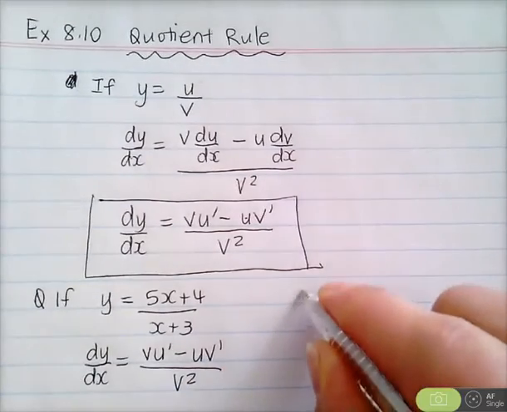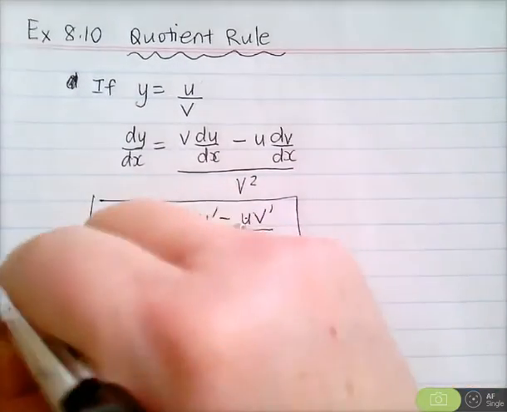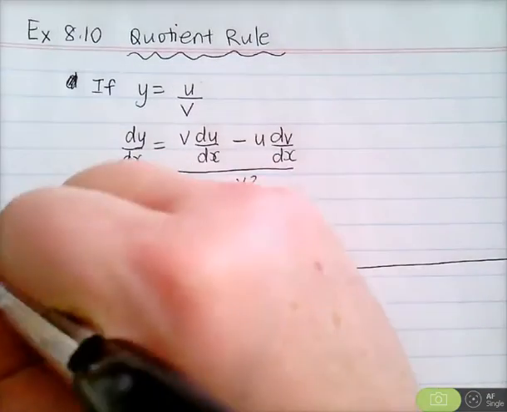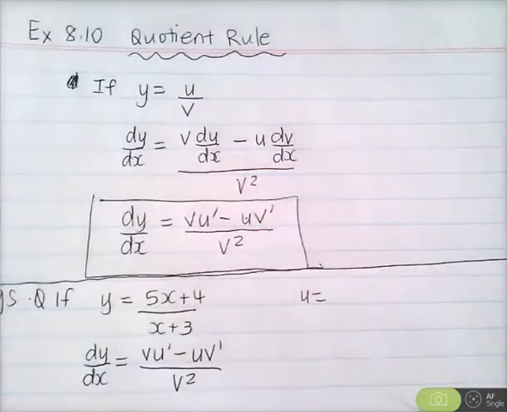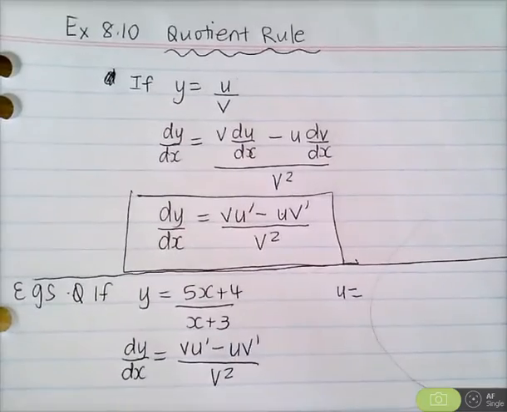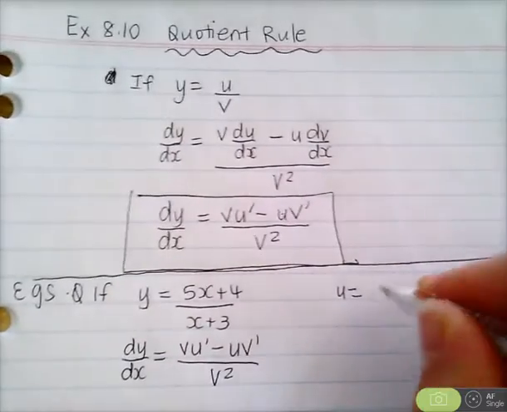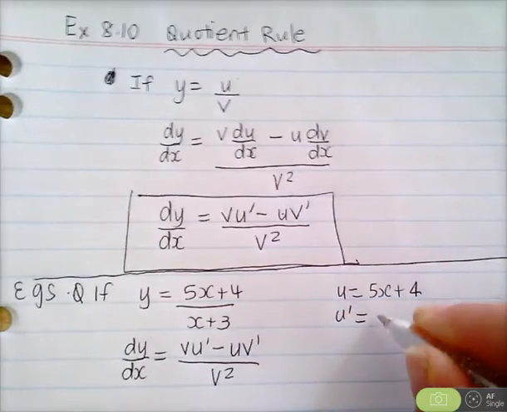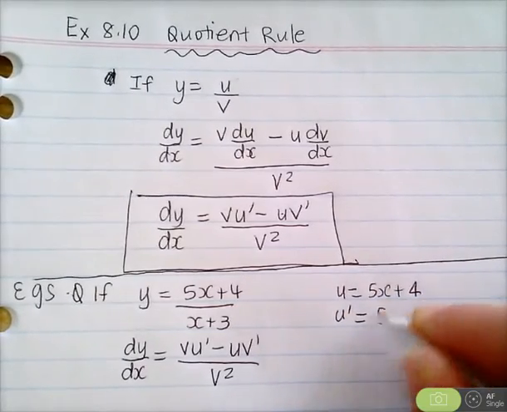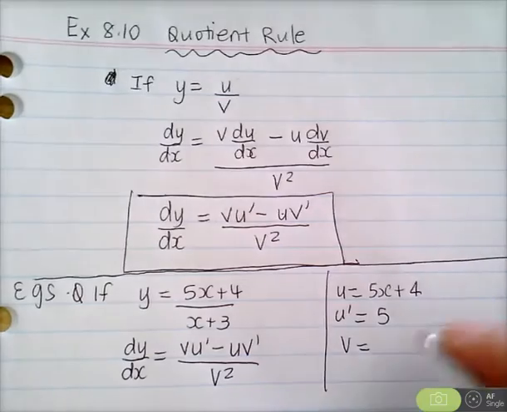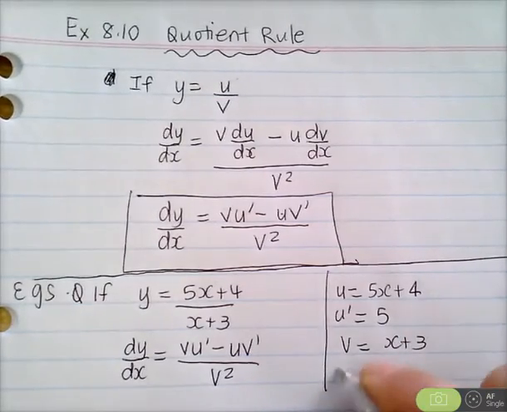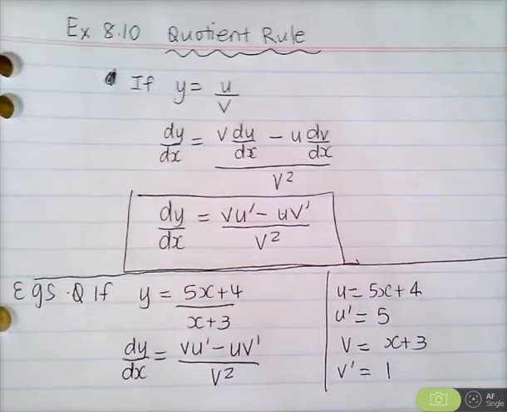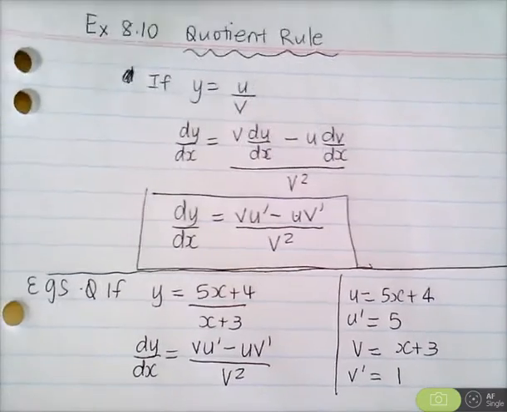Over the side, work them out. What's u? So here's examples. u is 5x plus 4. u dash, v, v dash, not hard, is it, so far?